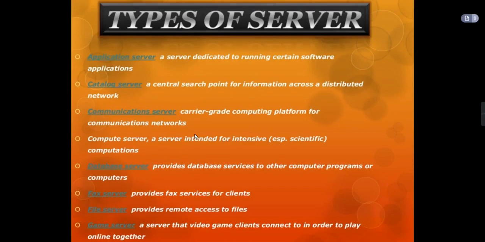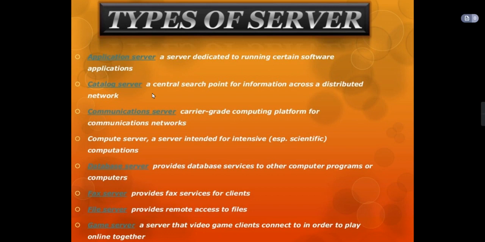If we want to know some types of servers, there are several types. The first one is the application server, a server dedicated to running certain software applications. Suppose we are using certain applications, then the server used in this case is the application server. The second one is the catalog server, a central search point for information across a distributed network.